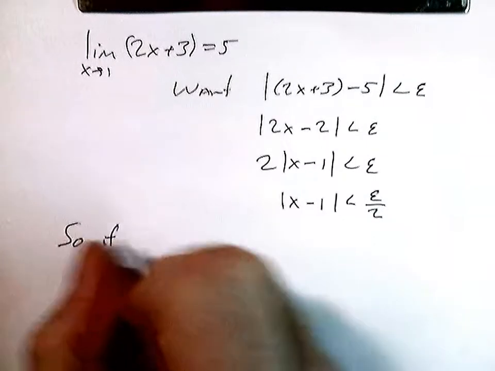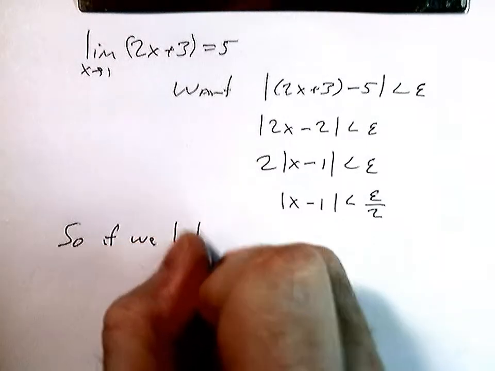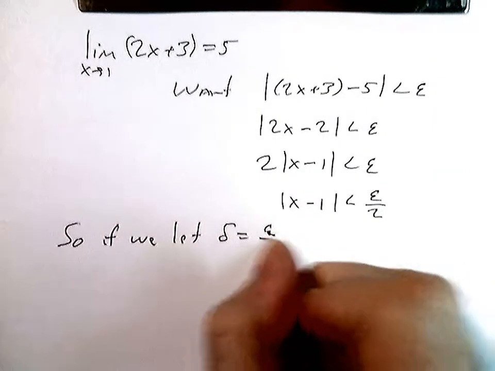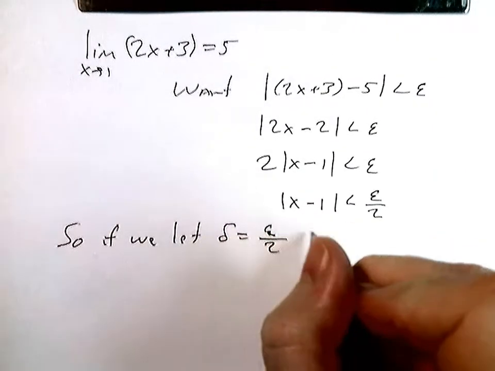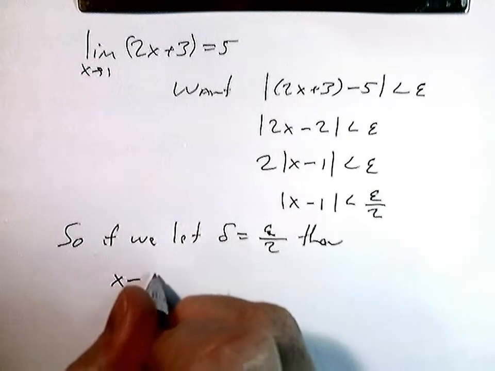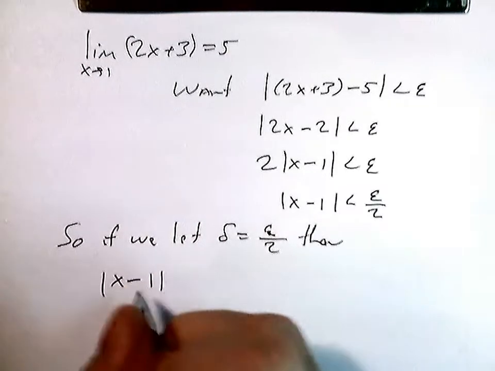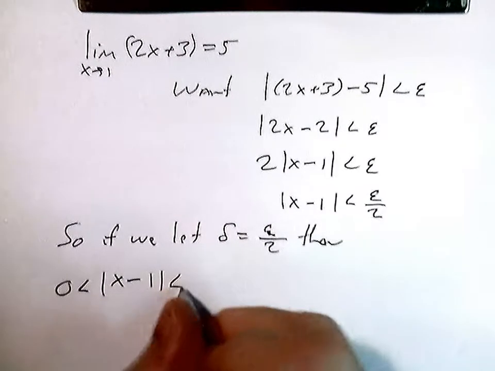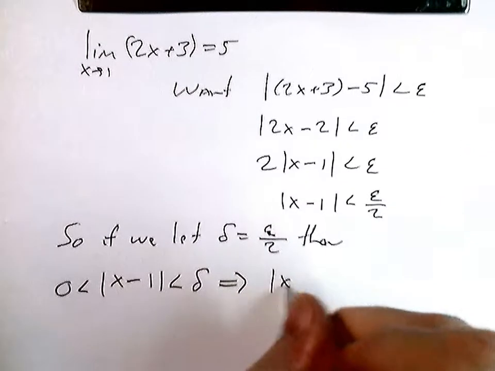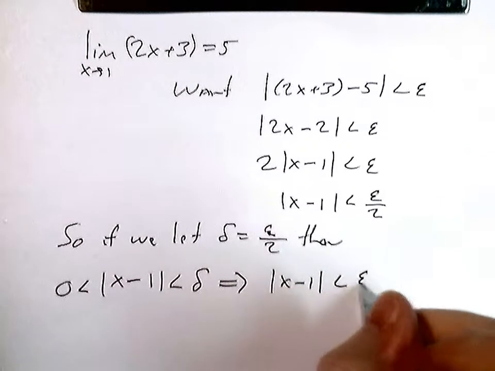So if we let delta be epsilon over 2, then x minus 1, bigger than 0, less than delta, implies x minus 1 is less than epsilon over 2.